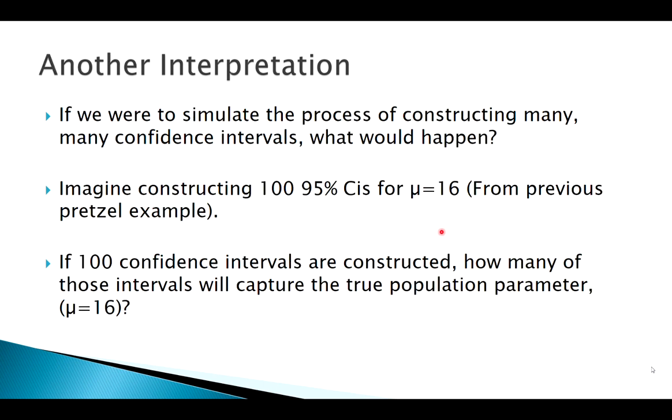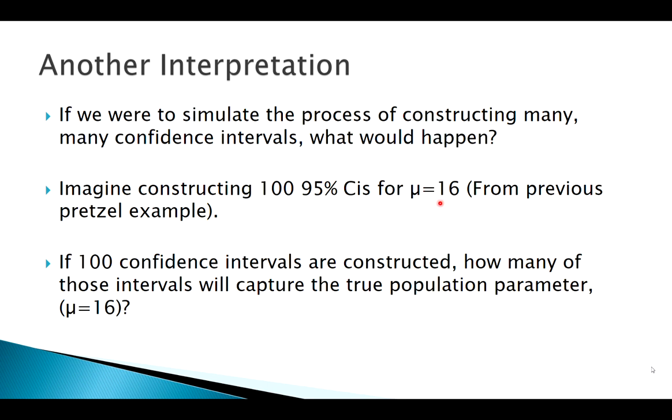Now, one more way we can interpret this is to think about what would happen. Here we're going to go back to a simulation mindset. What would happen if we created a whole bunch of confidence intervals all under the same conditions? Kind of like we've done before, we're going to visualize making 95% confidence intervals for a given mean value, say mu equal to 16.